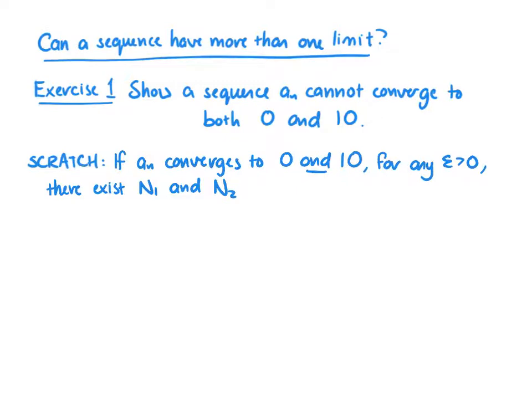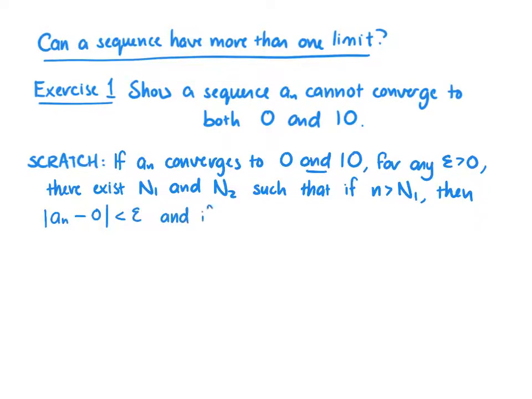So there should exist capital N1 and capital N2 such that if n is greater than N1, then AN is within epsilon of 0.